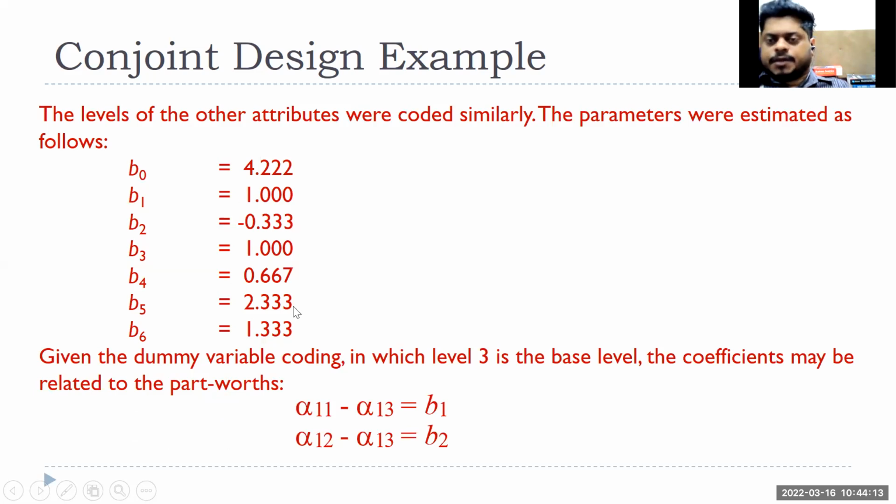If I run that regression, like I showed you, these are the coefficients that come from the regression table: b1, b2, b3, b4, b5, b6.